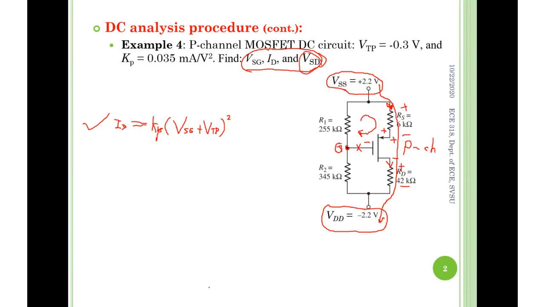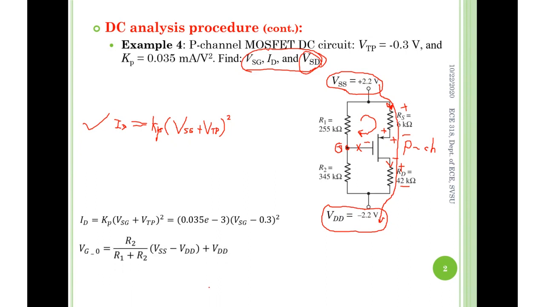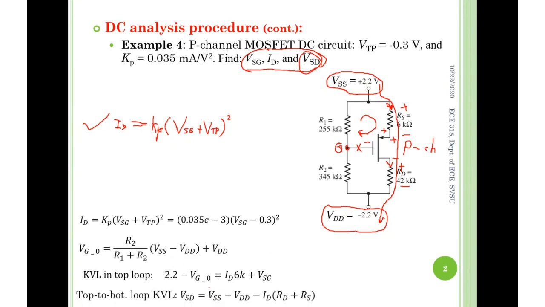So these are the weapons we have. By fully utilizing them: first, the ID saturation current, then the voltage divider, then the VSG loop KVL, and then the path KVL. That's enough for us to find everything.